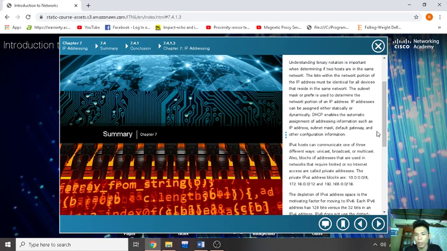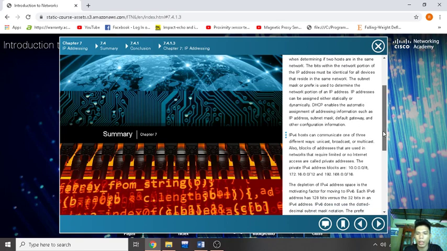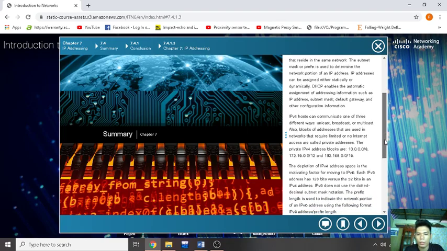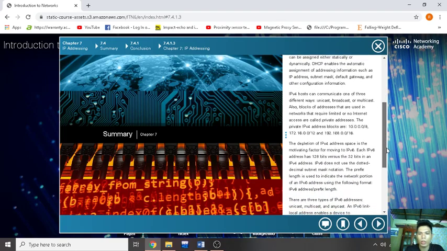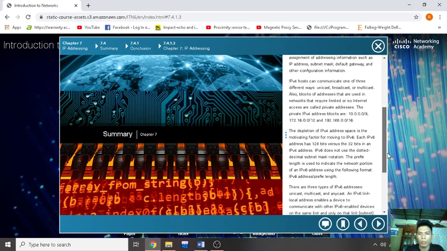DHCP enables automatic assignment of addressing information such as IP address, subnet mask, default gateway, and other configuration information. IPv4 hosts can communicate in three different ways: unicast, broadcast, and multicast. There are also blocks of addresses used by networks that require limited or no internet access, called private addresses.